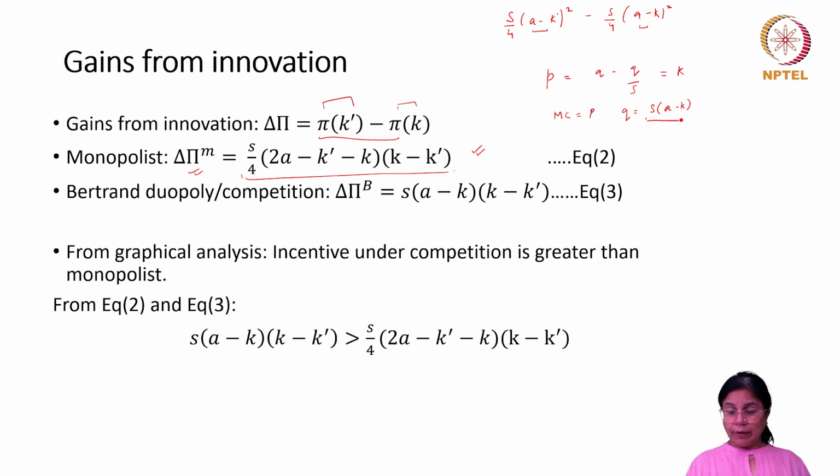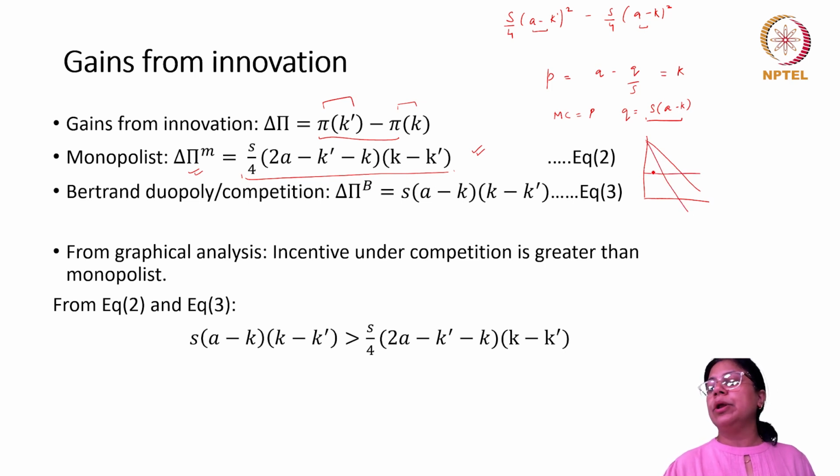Now if I go back to that graph once again, what we have found in this case is that the Bertrand duopolist will not be able to reduce the price from P, which was equal to k.